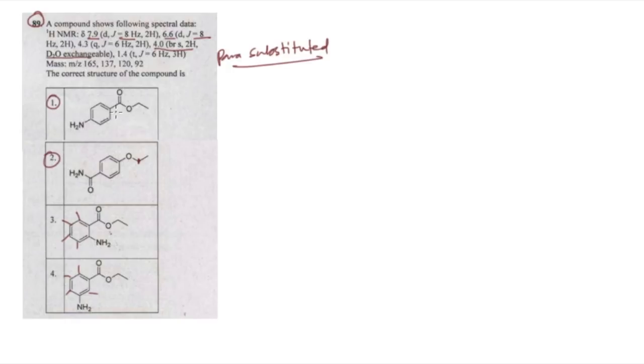So in order to understand this, the next thing given to you is the mass spectrum. If you try to make the structure of this whole compound, taking the second one to be the correct structure, it will look something like this. I have a phenyl ring, a C double bond O, an NH2, and over here I have oxygen, and then this.